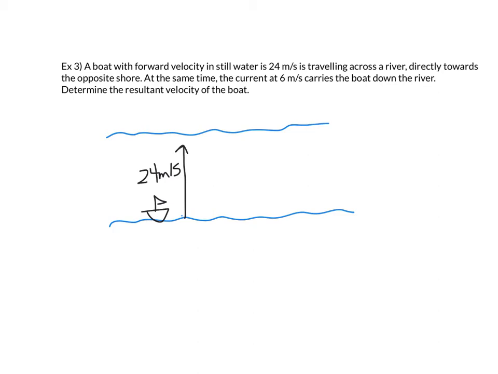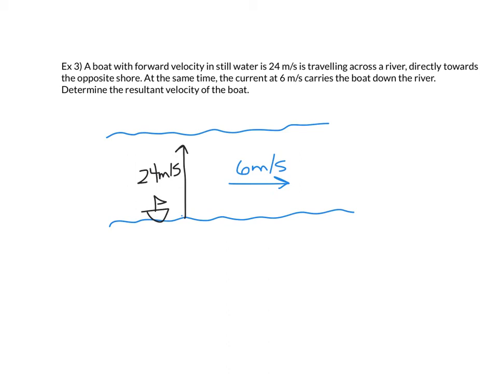At the same time, the current at 6 meters per second carries the boat down the river. So at the exact same time, I have this current going 6 meters per second. Determine the resultant velocity of the boat.